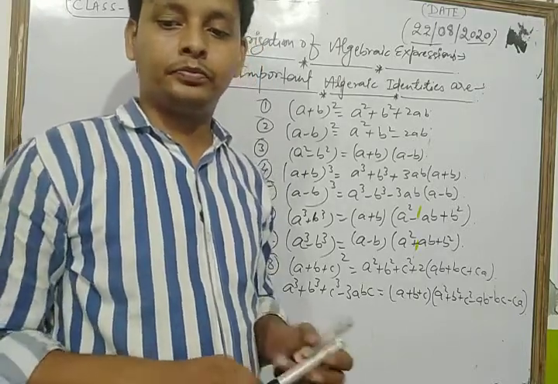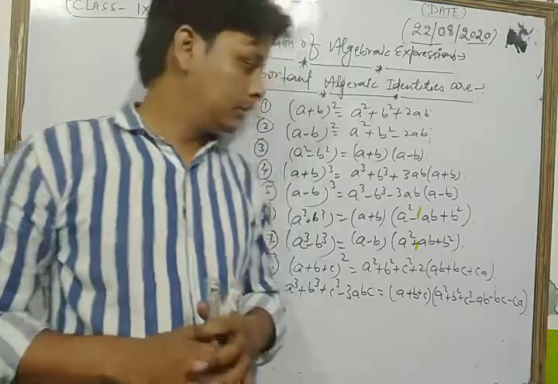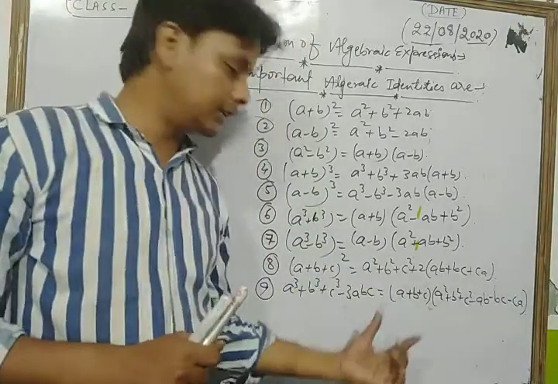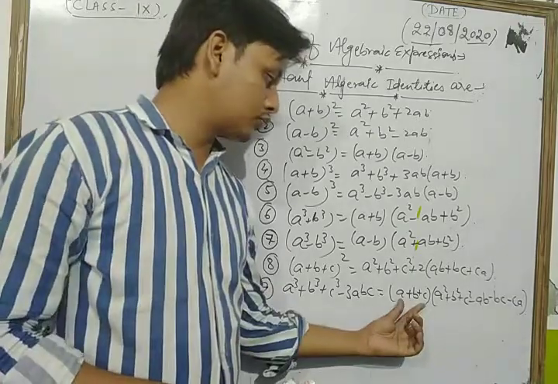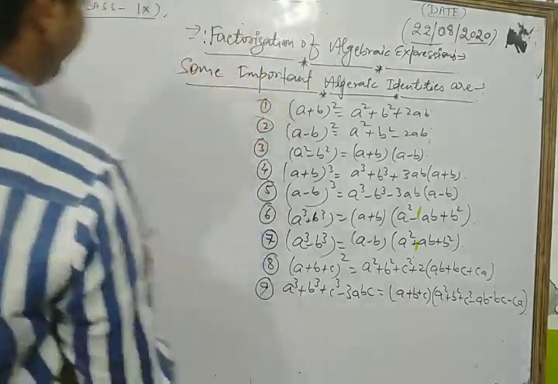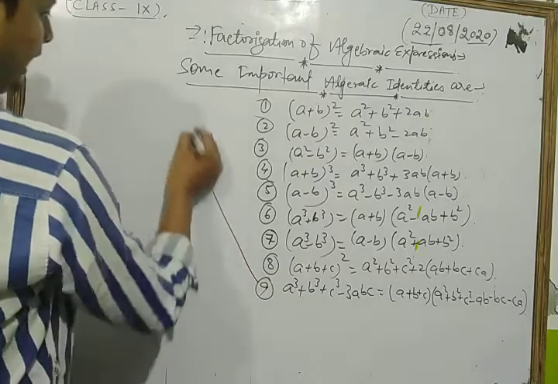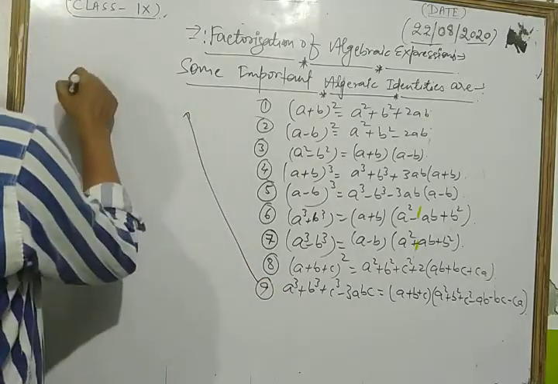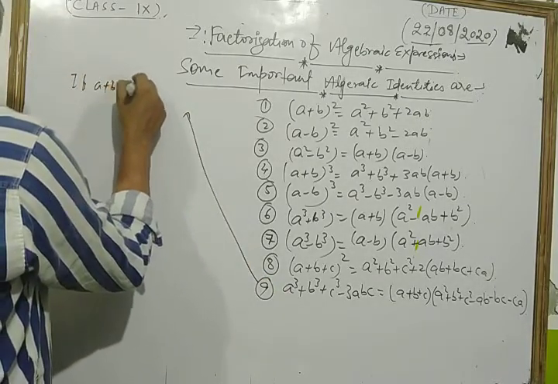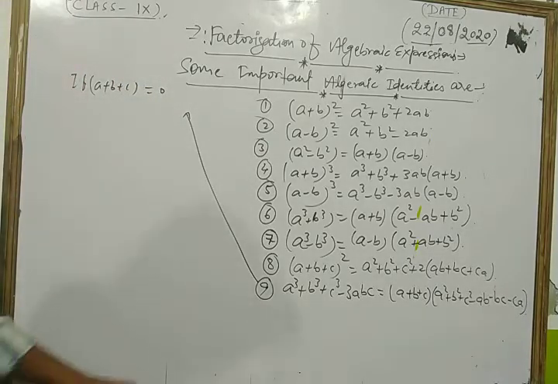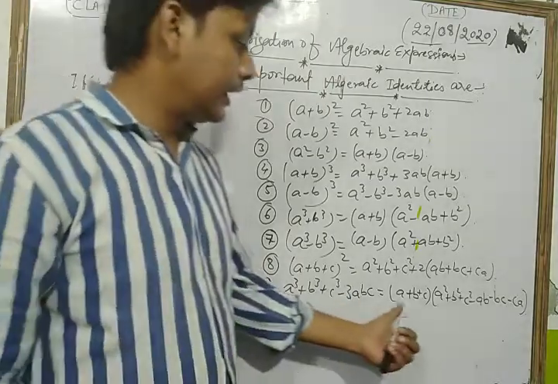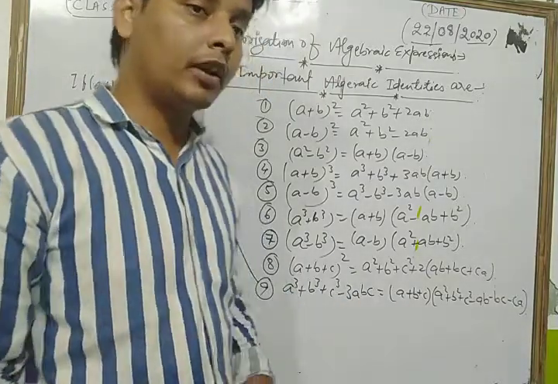Okay, this is very important. One more identity is about that. Dear students, here one condition is, in the ninth one, if a plus b plus c is equal to 0, then what do we have?